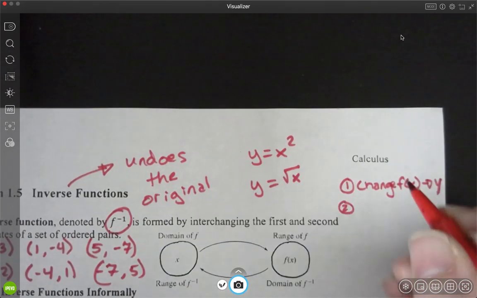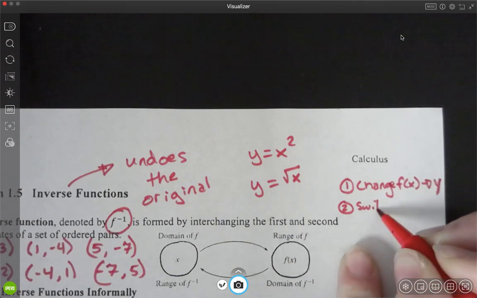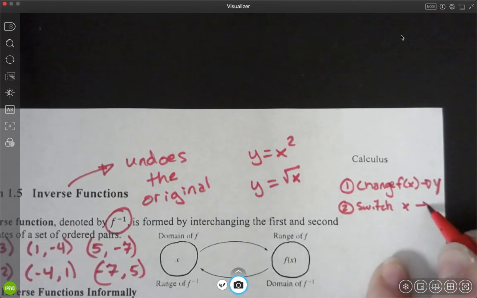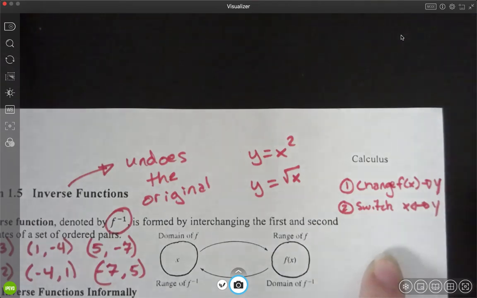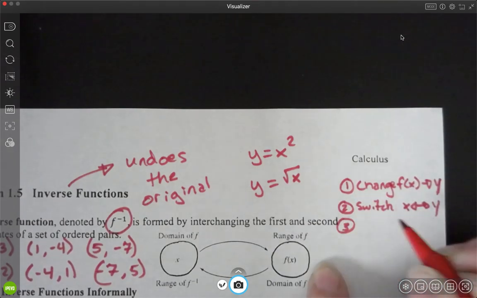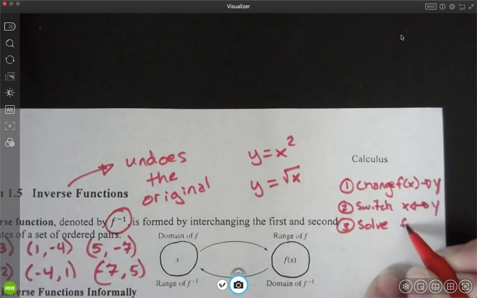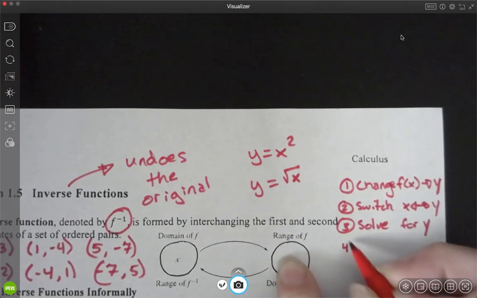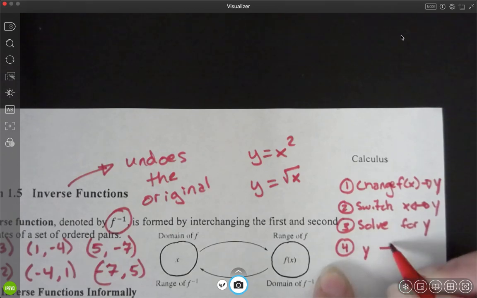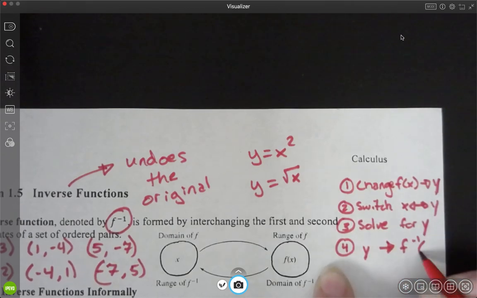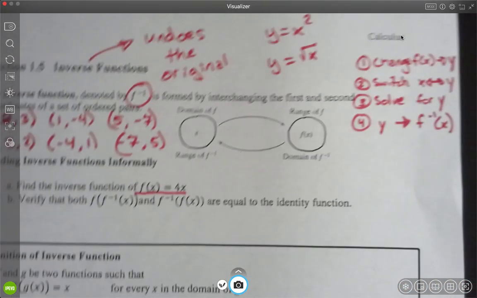Number 2, switch x and y. What's step number 3? Solve for y. And then step number 4, y becomes f inverse of x.